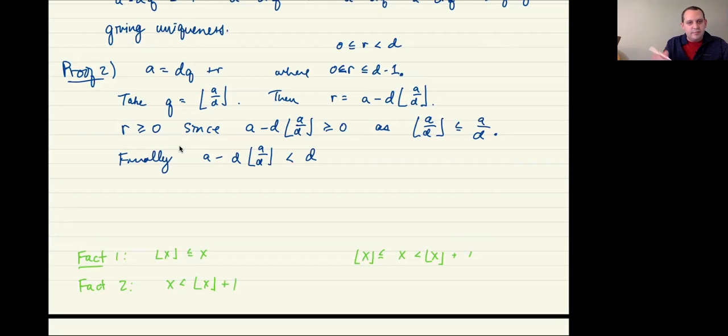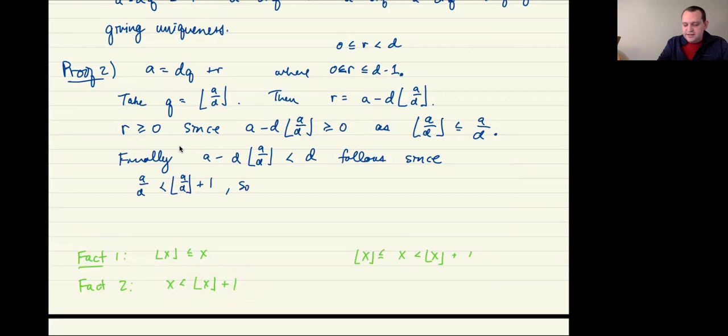Let's build it up the way I want to do it. I'm going to use the second fact, that A over D is less than the floor of A over D plus 1.